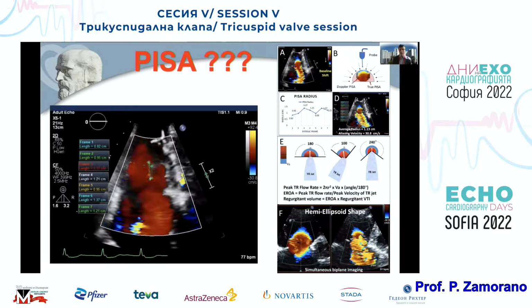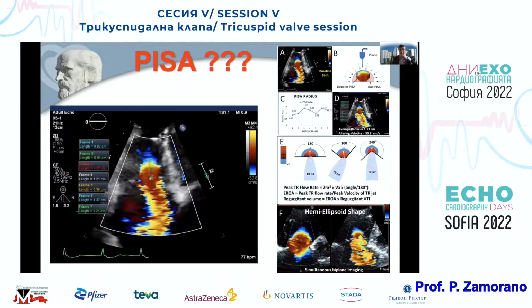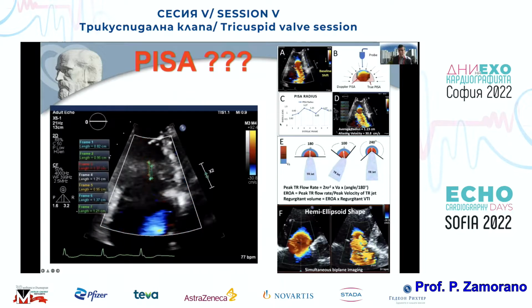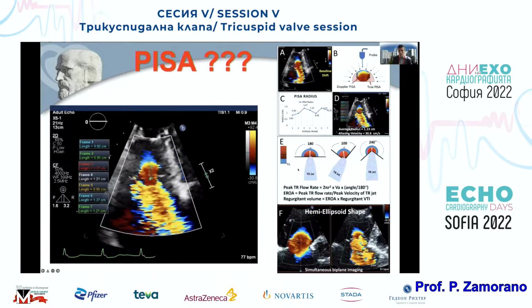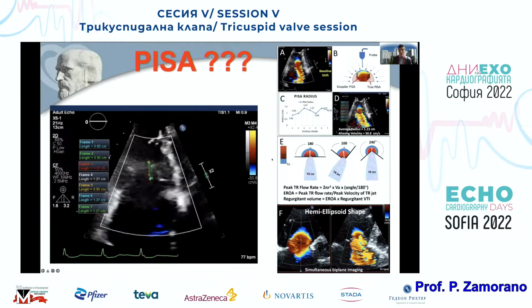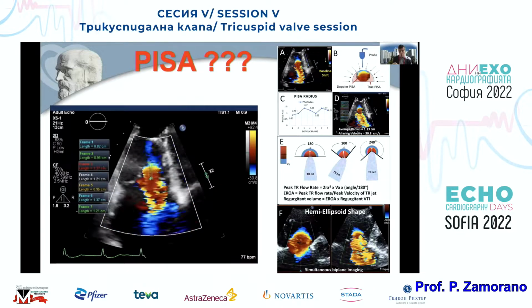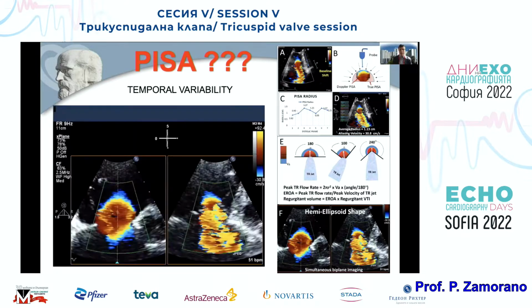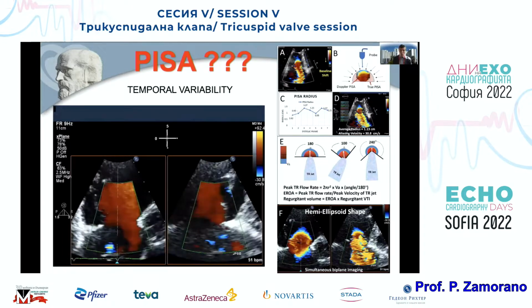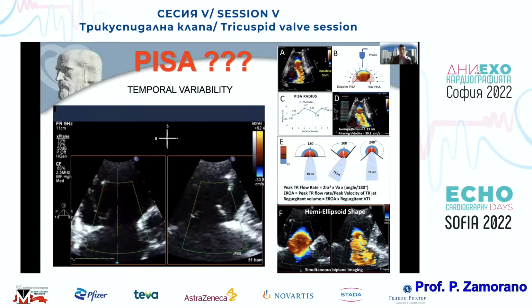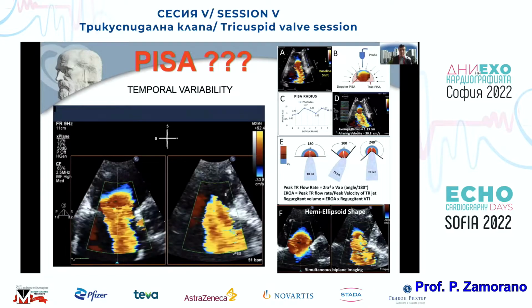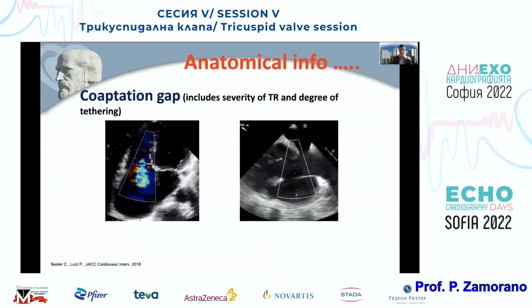PISA has also been used for assessing the severity of the TR, but remember that we have some limitations, even with the angulation of the probe, which is important to accurately assess the severity of TR. And also, as you can see here in this loop, there is temporal variability when using the PISA method.